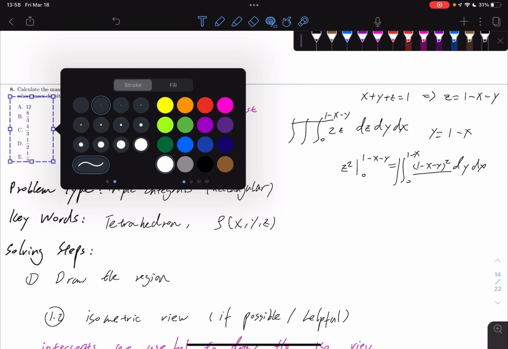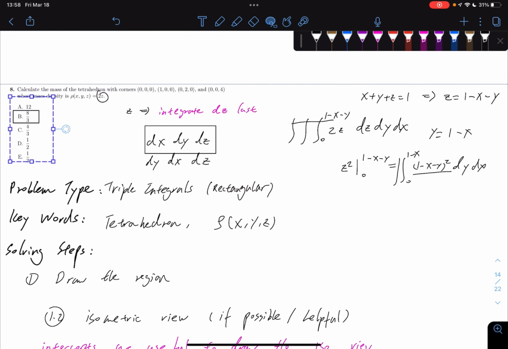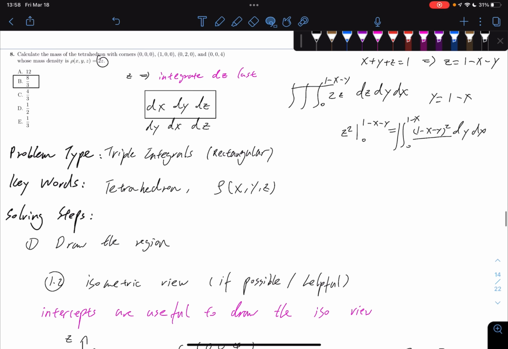So as you can see, this is a very, very tedious, very difficult, and very long problem to solve. But at the end of the day, I think this is probably one of the hardest, if not the hardest, triple integral problems they have ever put up. But it's nothing that we cannot solve so long as we know how, right?